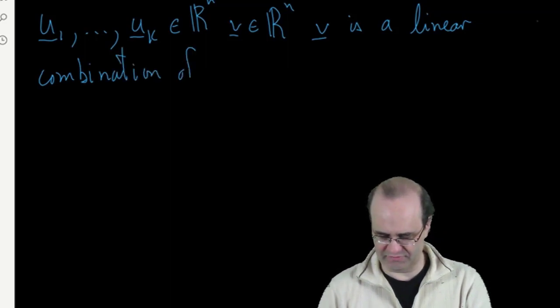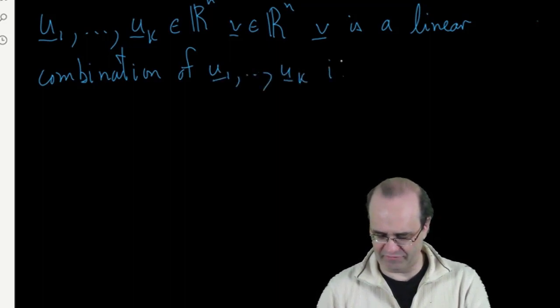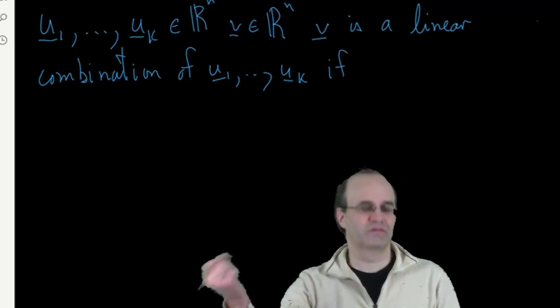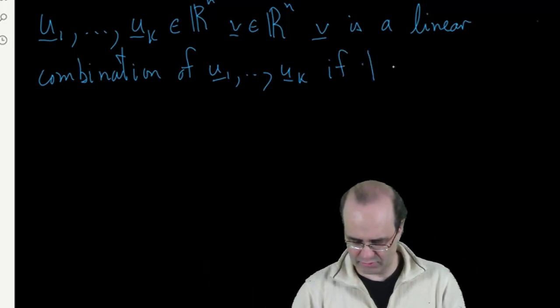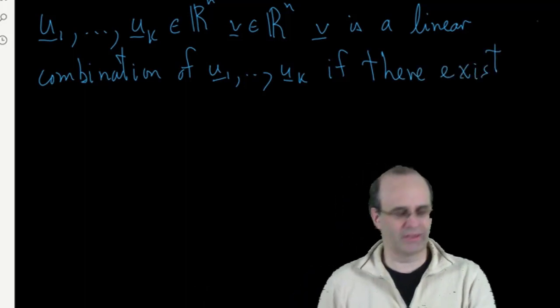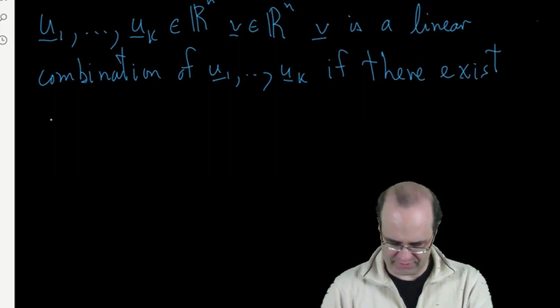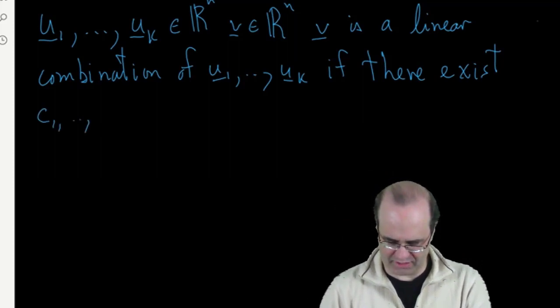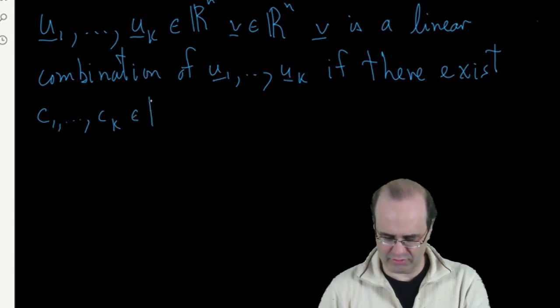Well, I should specify, of u1 up to u sub k, if there exist scalars c1 up to c sub k. So these are real numbers.